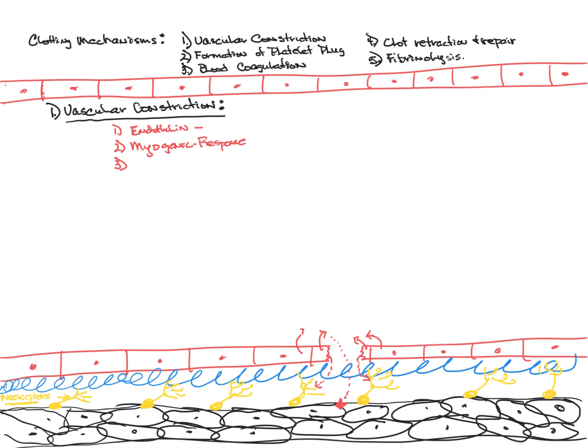And so what you get then is a nociceptor response, and that nociceptor response is because of the stimulation on those endothelial cells. And all of those are going to cause vascular constriction in this whole area.